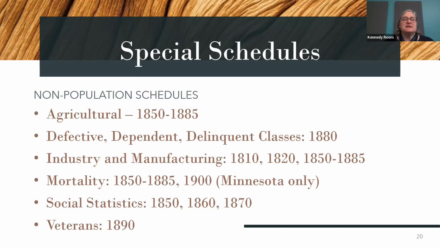Mortality schedules 1850 to 1885, and then in 1900, only Minnesota. But if you're in Minnesota in 1900 and had somebody die in the calendar year before, or the 12 months before the census was taken, then you'll find them in the mortality schedules. And then there were some social statistics in 1850, 60, and 70.